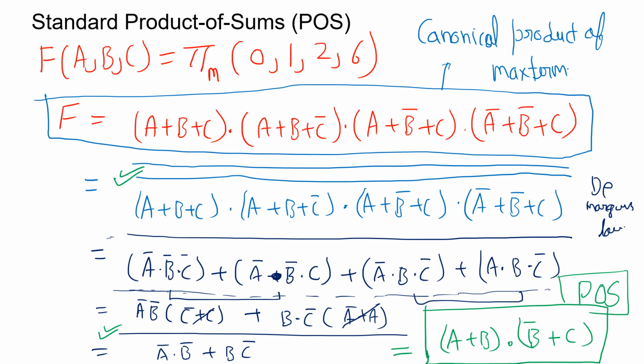Standard product of sum or standard sum of products are the minimization form, but when we say canonical, we are talking about the full length expression, where all three literals, A B C, are there, either in normal or complemented form. Whenever they say four variable circuits, all four should be there. This is how you can represent them.